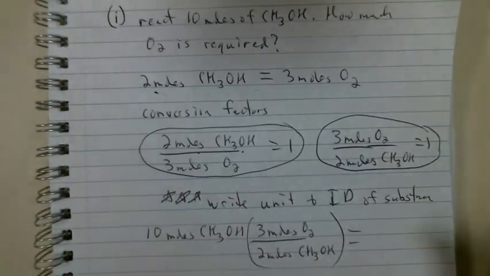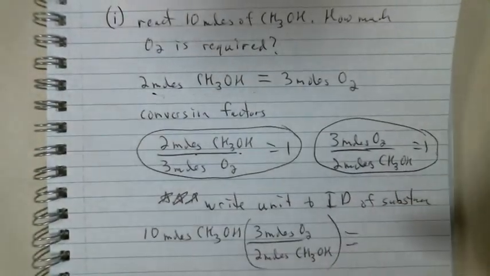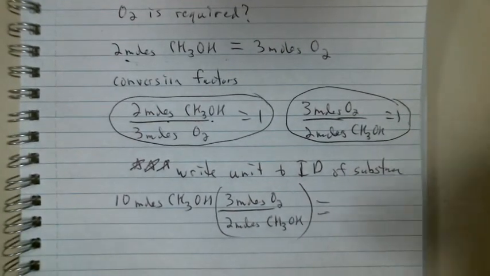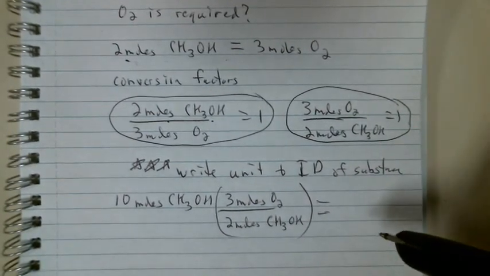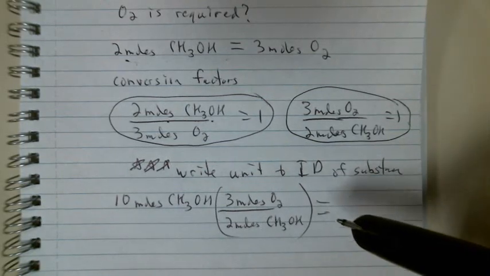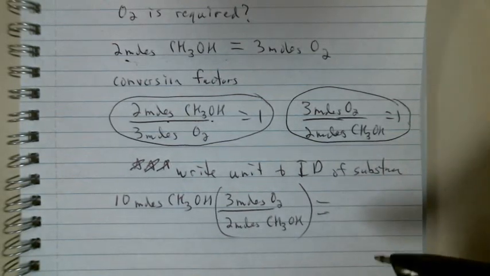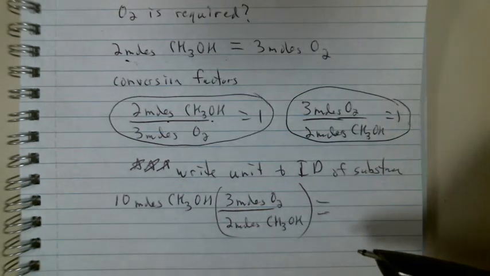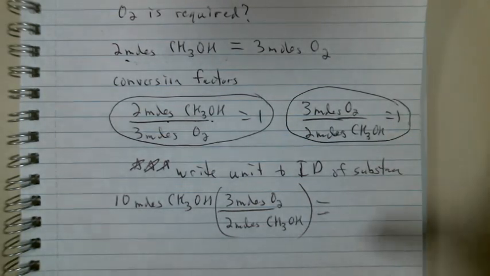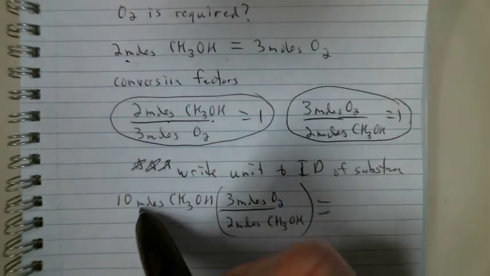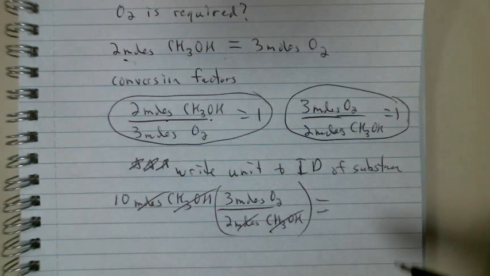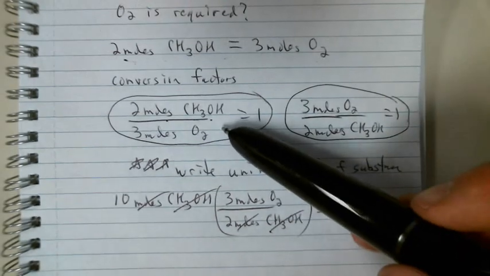All right, now here's the deal. The key thing here, as with anything, whether it's math or physics or chemistry, is don't worry about what you have to do first or whether you might make a mistake, because it doesn't matter. If you do this with the units, you will always get it right. Let's say I chose the other one.